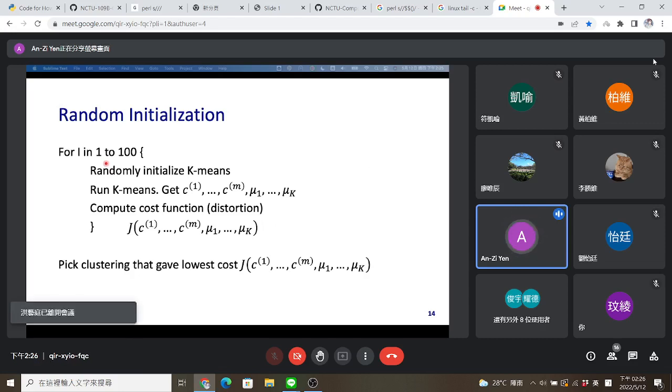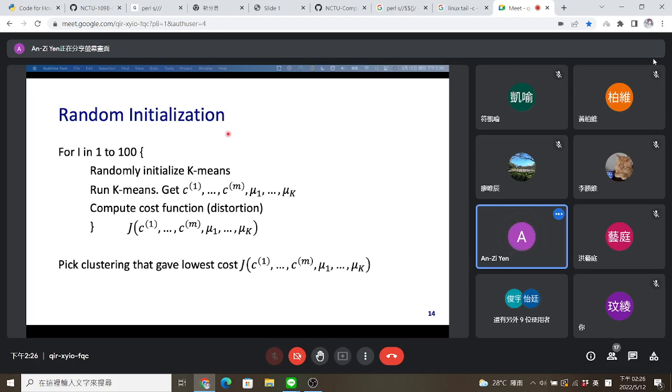But the question is, if k, which means the number of clusters, is very large, greater than 10, and we are trying to find hundreds of clusters, then multiple random initialization is less likely to make a huge difference, and there is a much higher chance that the first random initialization already gives us a pretty decent solution.